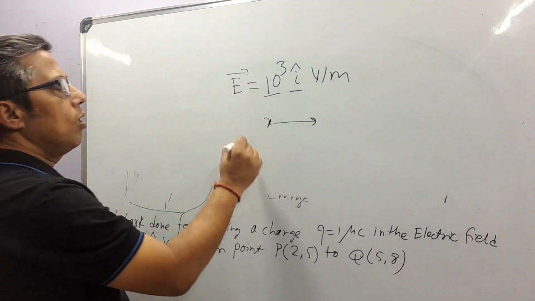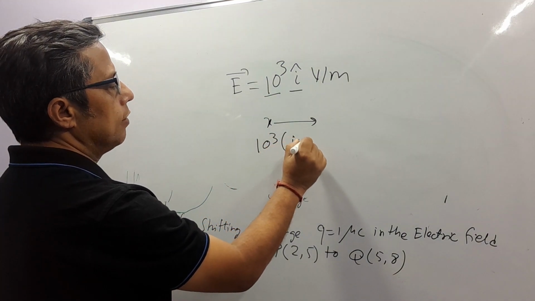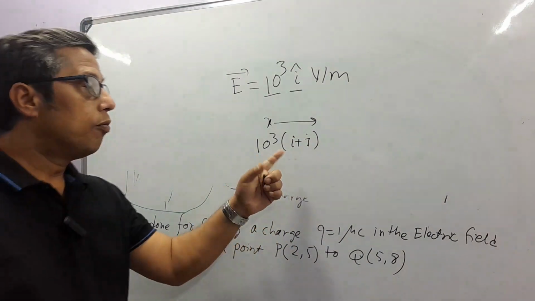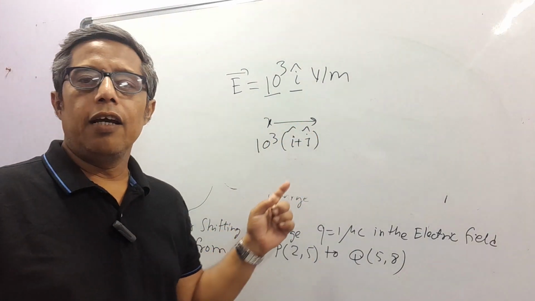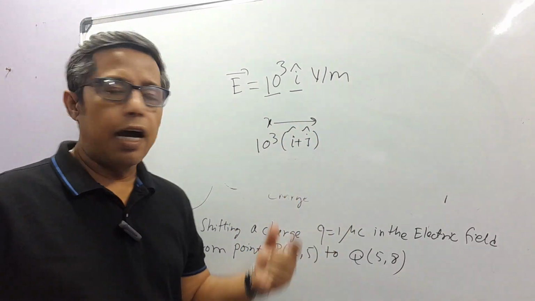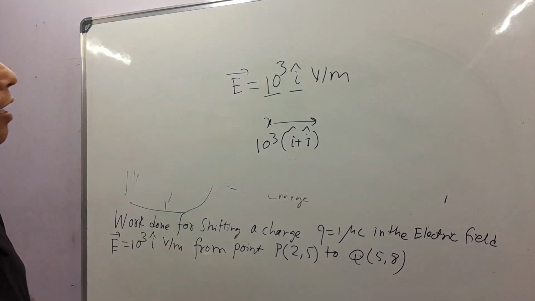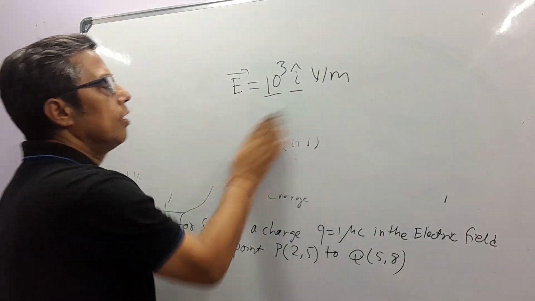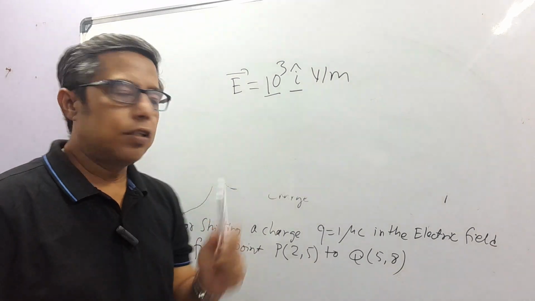If the electric field were 10 to the power 3 i plus j, that means this field would have components both in the x axis and y axis, two components, right? So here it is mentioned 10 to the power 3 i cap. That means this electric field has direction in the x axis only.